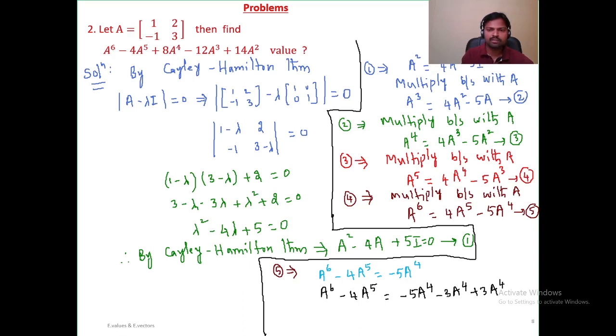That's why I am adding and subtracting 3. So these two together give minus 8A to the power 4, and this I will bring to the left hand side, plus 3A to the power 4. Next step, bring this to the left hand side, so A to the power 6 minus 4A to the power 5.